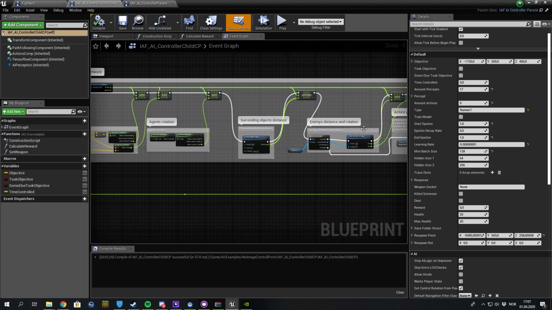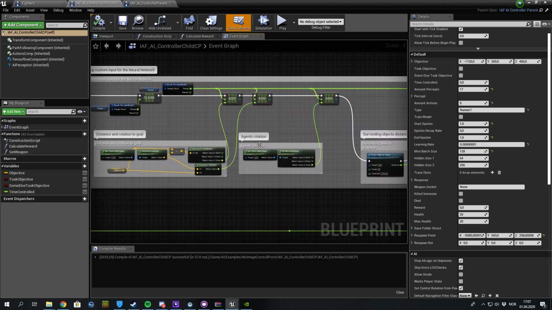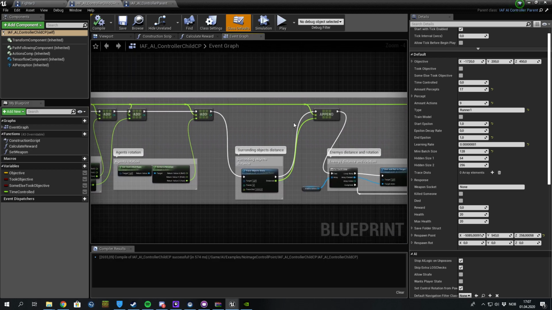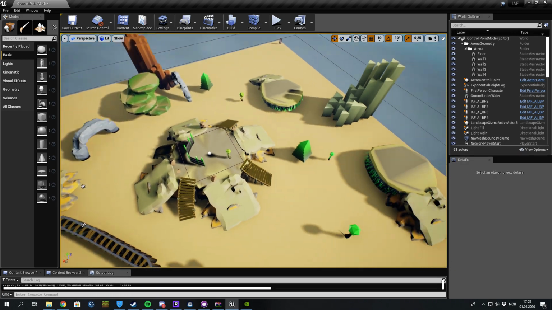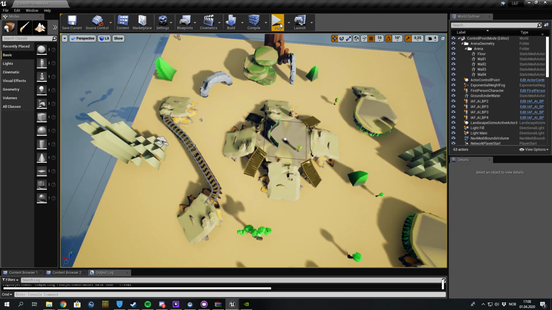I'll probably be running some tests on that this week and see if they'll be able to get a little bit smarter training against other trained agents. So yeah, I want to show you guys the weights for all of them. Right now they're just using the same weights as the fighter that we saw was the most intelligent one.